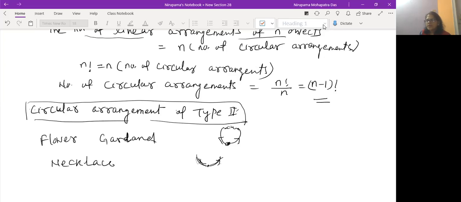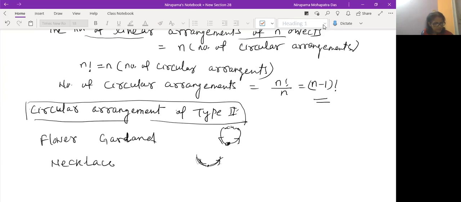So in the case of a necklace and a flower garland, whichever direction we look at, the garland looks the same, and the necklace looks the same. Whether we look in the direction of anti-clockwise or clockwise, in both cases, be it a flower garland or a necklace, they look like the same arrangement.